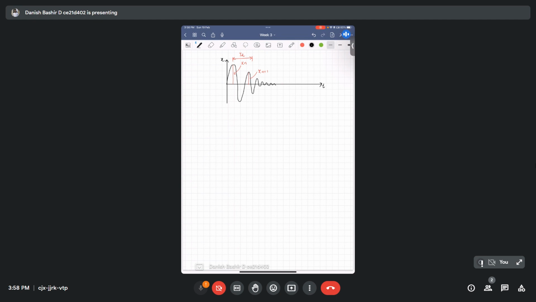We have to write x of n plus 1 as e power minus theta p times (t plus Td), times a cos pd (t plus Td) plus b sin pd (t plus Td), where Td is the damped time period.